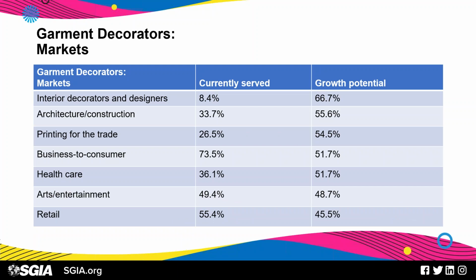Which markets are considered to have the highest growth potential? Again, interior decorators and designers, architecture, construction. We already saw those markets when we looked at the graphic and sign printers. They also consider those markets to be growing. Printing for the trade, business to consumer, healthcare, arts, entertainment, and retail.